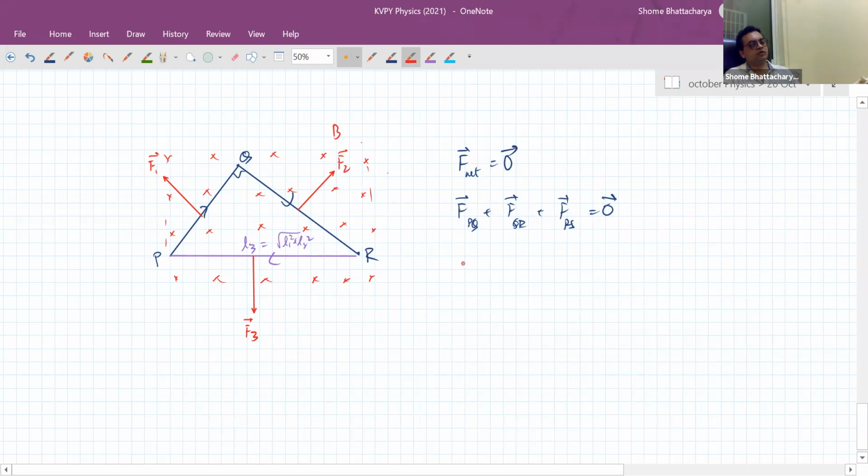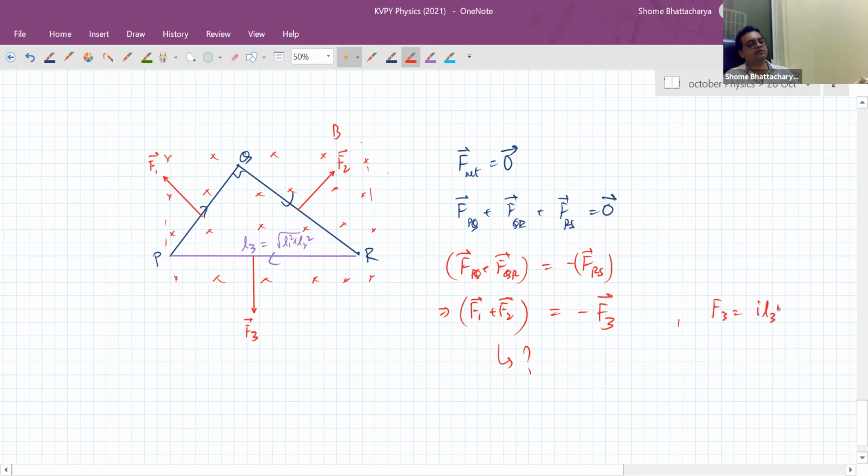So F PQ plus F QR is actually minus of this force on RS. This is what we want to calculate actually, the vector sum of F1 plus F2. So this is nothing but minus of F3.